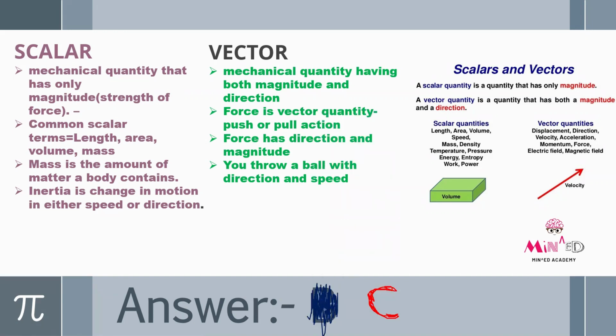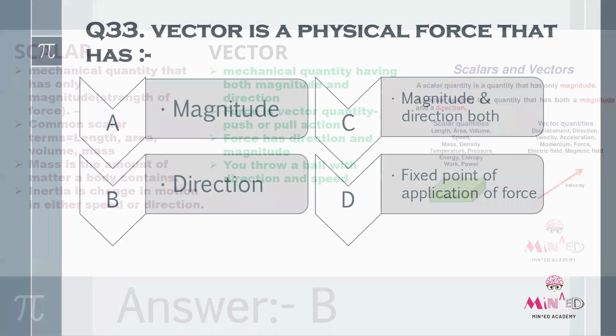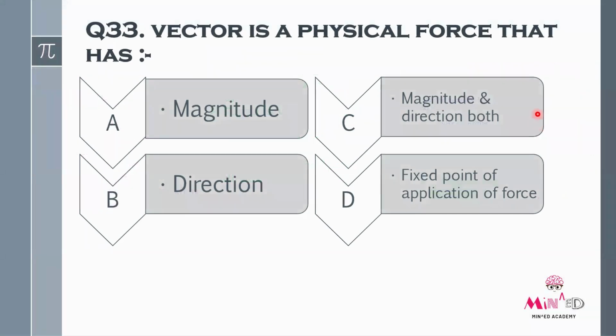Sometimes it happens with us. Okay. Fine. So answer for this question: a vector quantity has both a magnitude and a direction. Okay, so it will be option C.